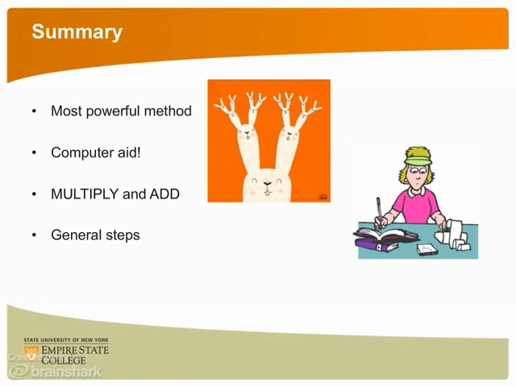Multiply all the way through the equation, including the constant after the equal sign. Add straight down. Divide to find the value of the remaining variable. Substitute that value into one of the original equations. Solve for the variable that you had eliminated. Then you should check your answer.